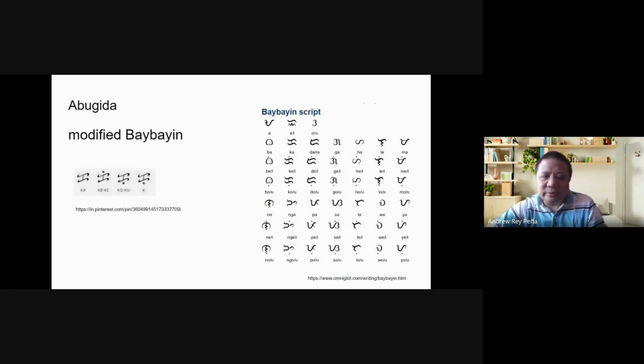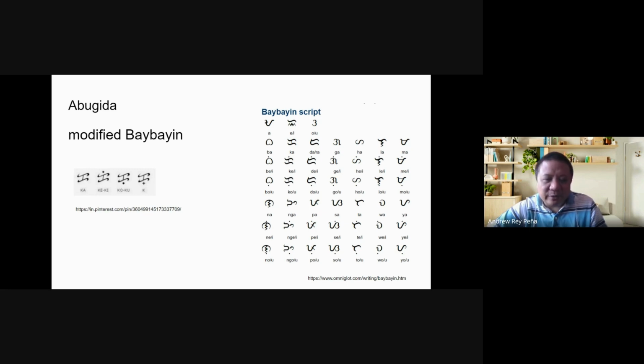Okay, so notice here in Baybayin, for the symbol k, if there's no dot, it's ka. If the dot is above, not on the side pala, above, then it's ke or ki.